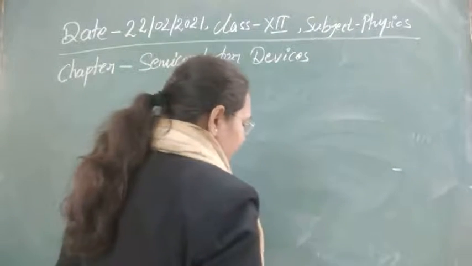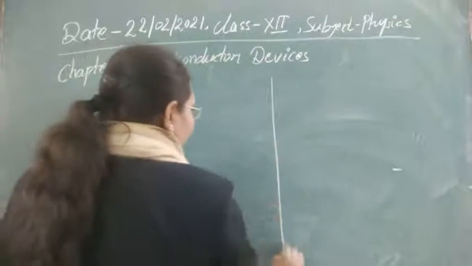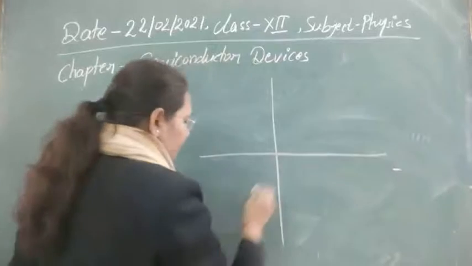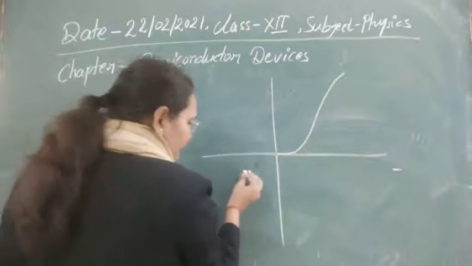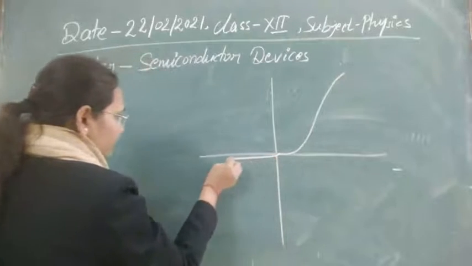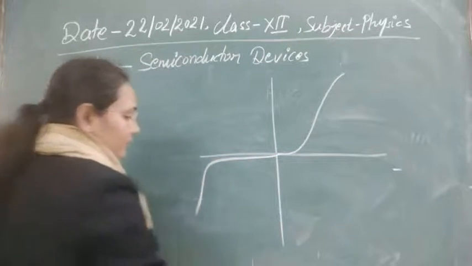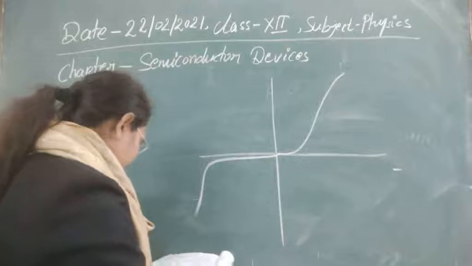So here one characteristic is given for the forward and reverse. So this is the characteristic that is given to us, and also for reverse it is given, and some of the values are given here.